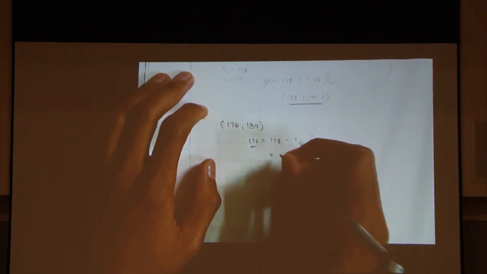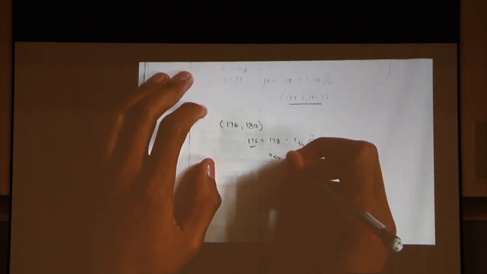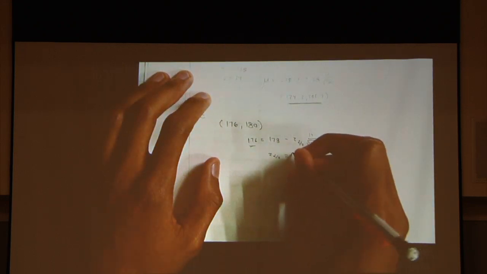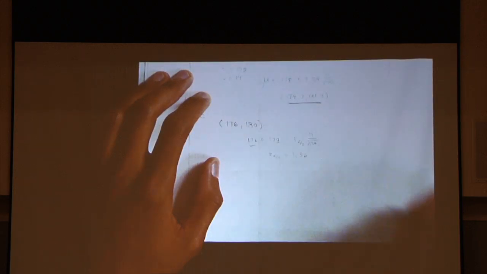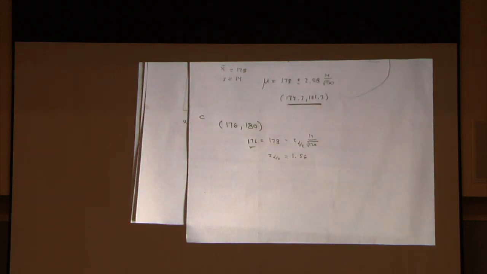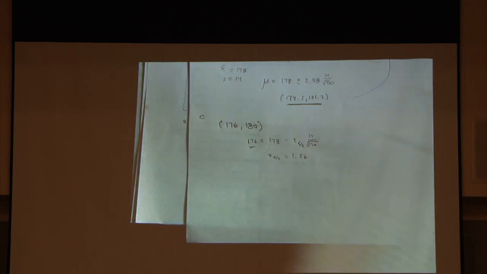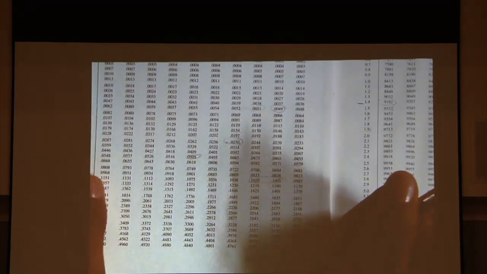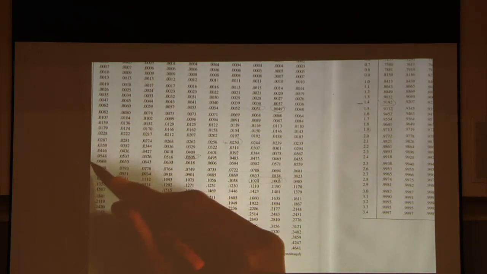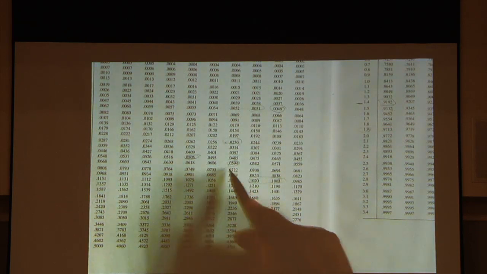So then your z alpha over 2, if you solve for it, should be about 1.56. And then you try to look for 1.56 on the z table. And like I said, I go to negative first. Negative 1.56, which is about 5 or 6%, right? And that's for alpha over 2. So if you multiply it times 2, it's going to be like 12%, right?